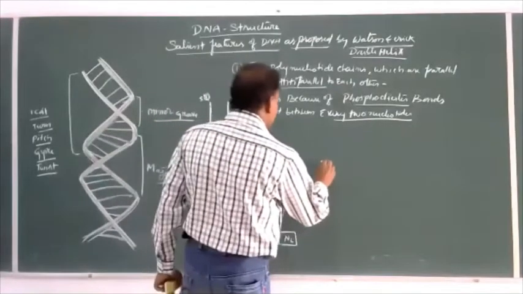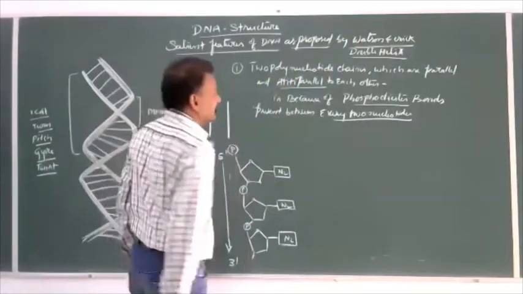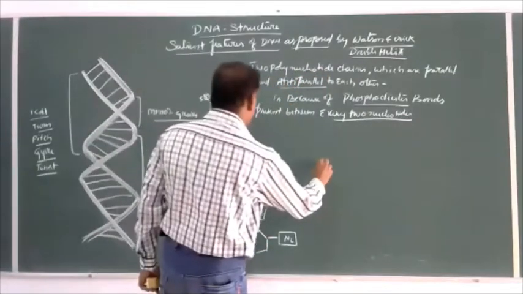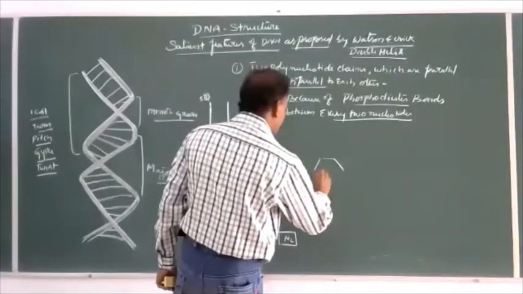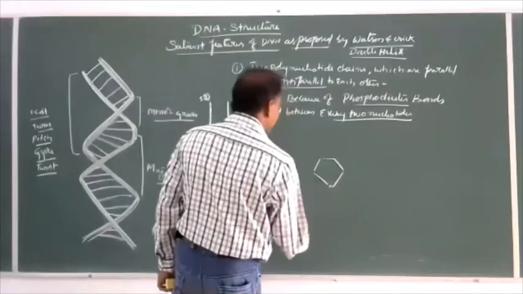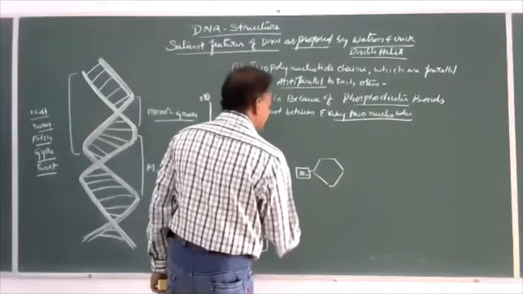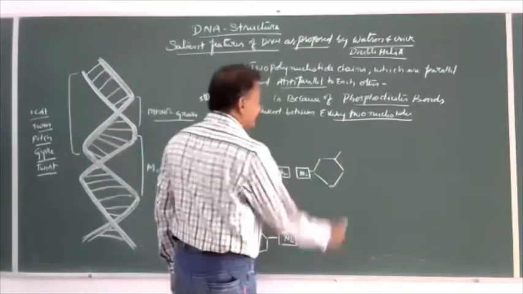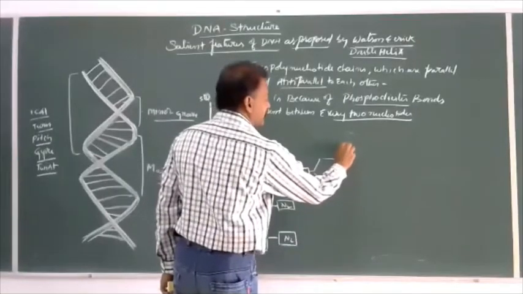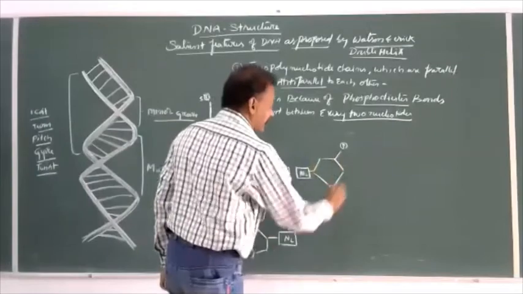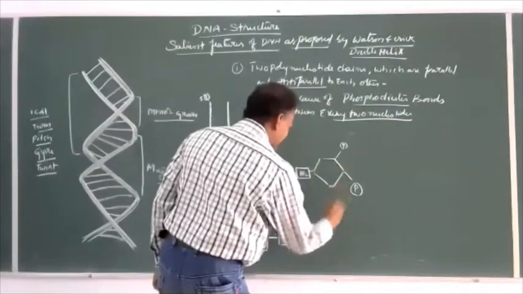Here there are two polynucleotide chains. Another polynucleotide chain here is in the reverse direction: first carbon atom, N2 base, second, third. If any nucleotide is here, there is a phosphodiester bond. 3', 5', first, second, third, fourth.